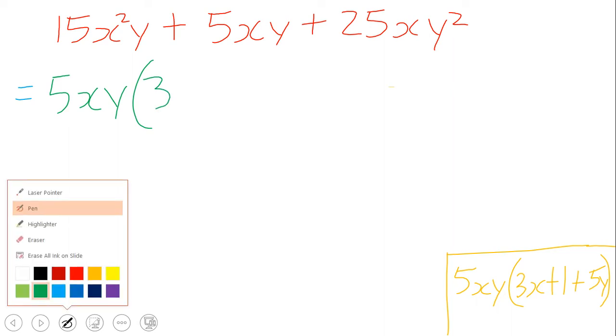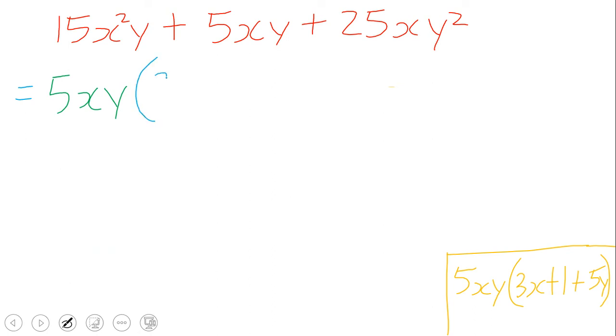Sorry, let me use a different color. Open bracket 3x. And the reason why it's 3x is because if we say 5 times 3, we get 15. If we say x times x, we get x squared. And then y is going to be y. Okay, so that's good.